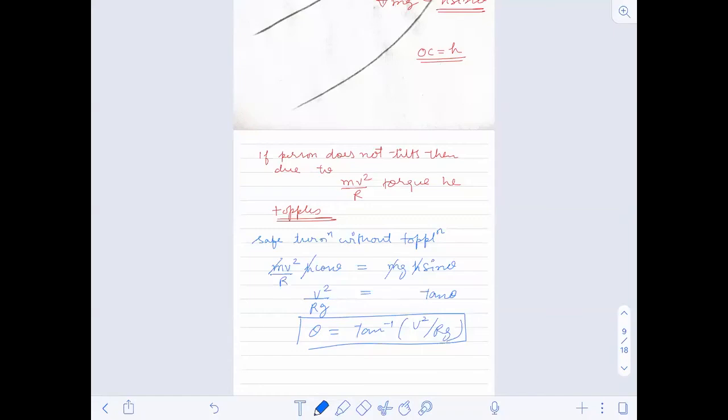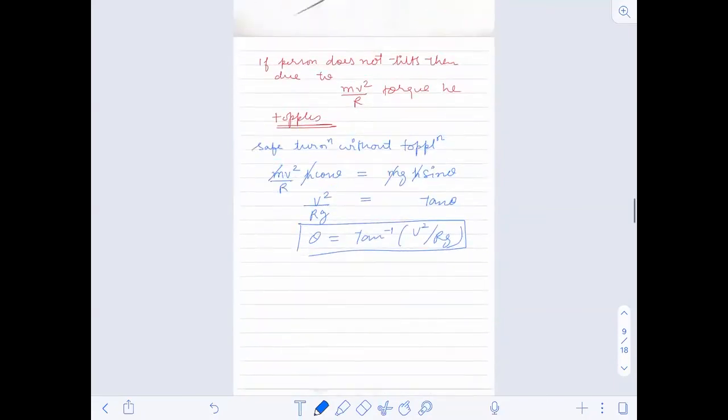In that case, the mv square by r torque dominates. And if you are tilting less, in that case, mg sin theta will dominate. So this is what happens.